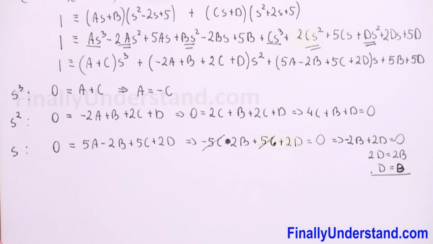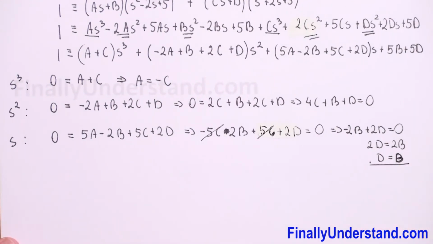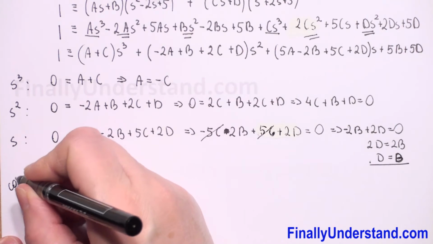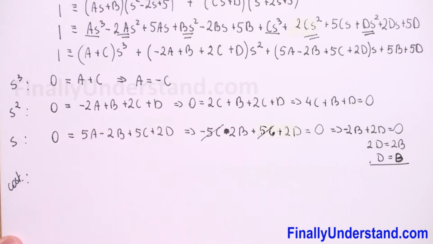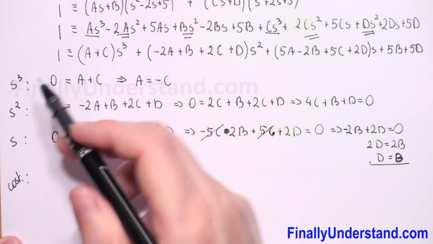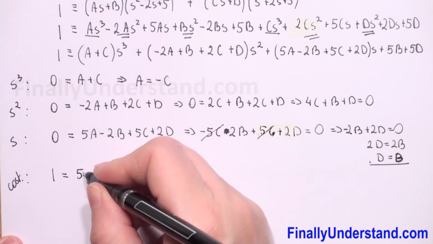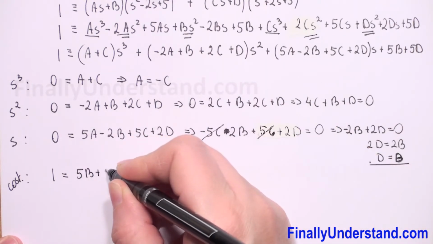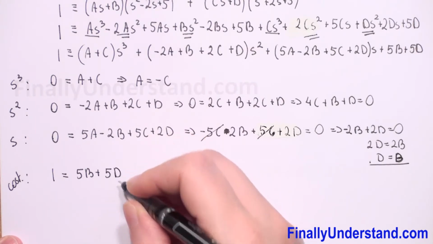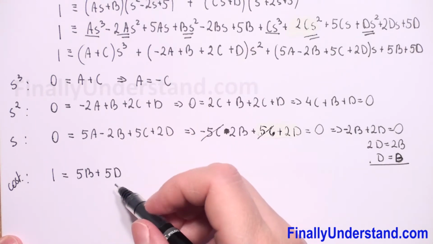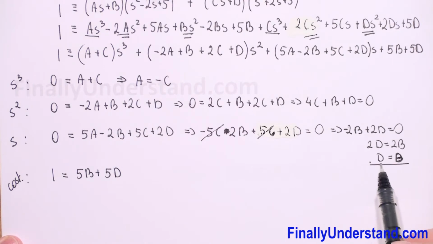So next, we have to compare constants. We have on the left side 1 and on the right side 5b plus 5d. So we have that d is equal b.